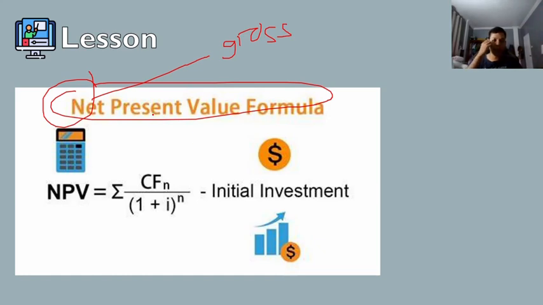For example, for the salary, when we say net, all the expenses like SSS or GSIS, Pag-ibig, PhilHealth, etc. will already be deducted from your salary. So that is your net. And the gross is the total income that you have. Now, the decision is based on whether there is a net benefit or a cost to the approach, that is, the total benefit less the total cost. So that is again the net.